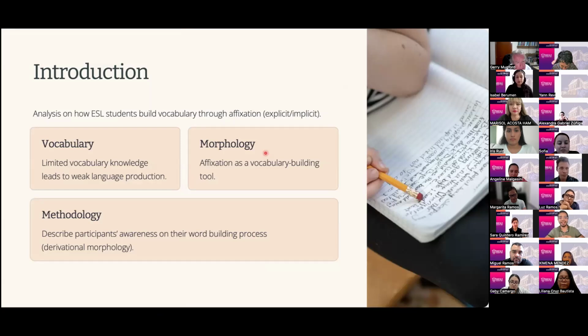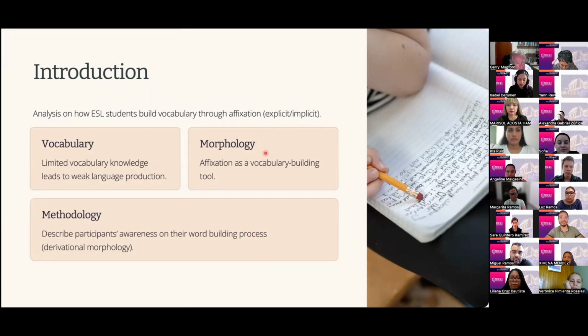So in a few words, what I'm going to research is how ESL students build vocabulary, mainly derivational affixation, with some part of explicit and implicit, or how they know if their knowledge is implicit or explicit.